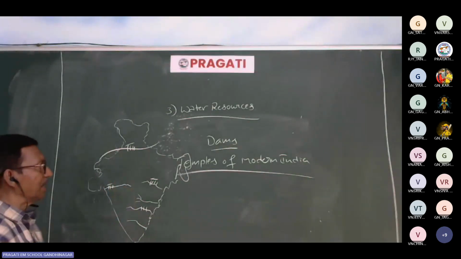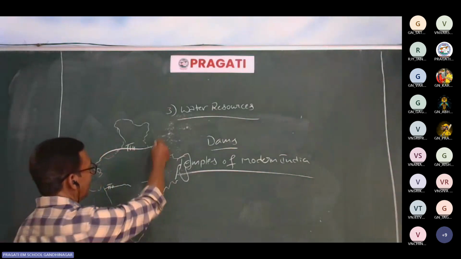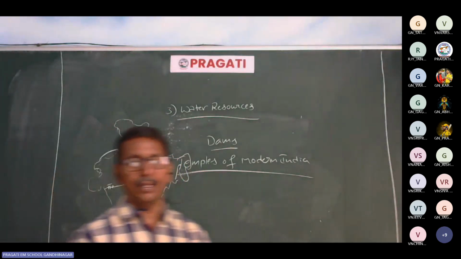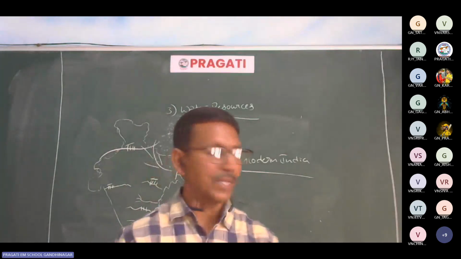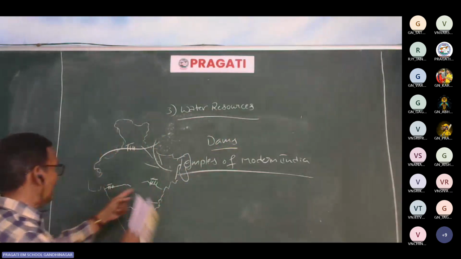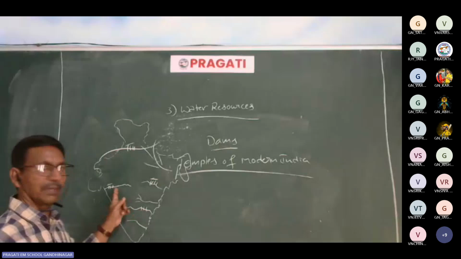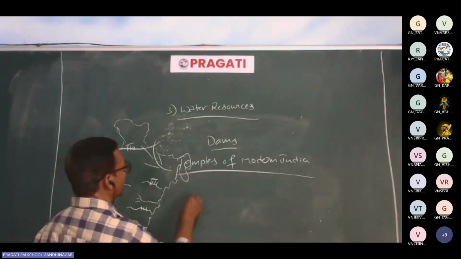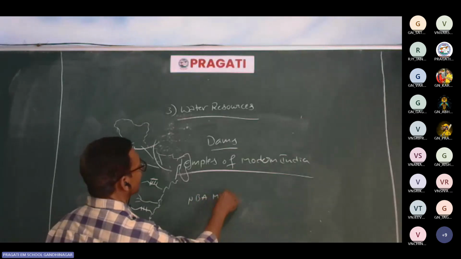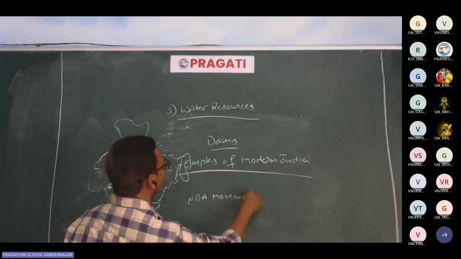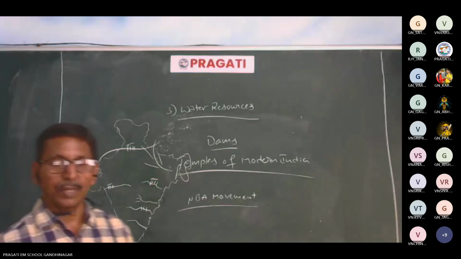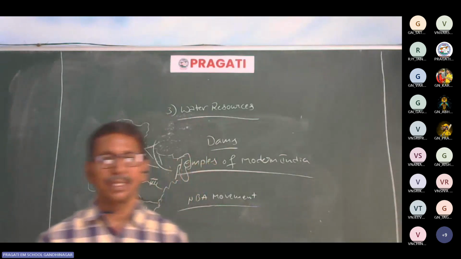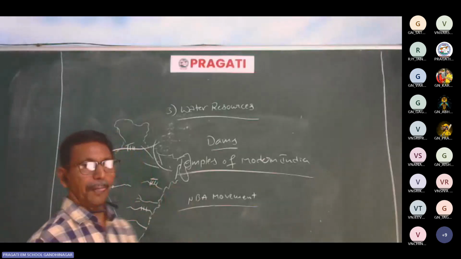Dams were appreciated in the beginning, but later on, they were opposed by farmers because they lost their natural habitat, especially in the Sardar Sarovar dam area. They organized the NBA movement, Narmada Bachao Andolan. The dams actually have multiple purposes, and in the beginning stage, after we got independence, they were appreciated by people.